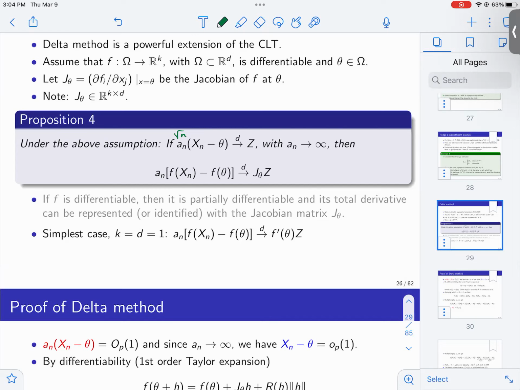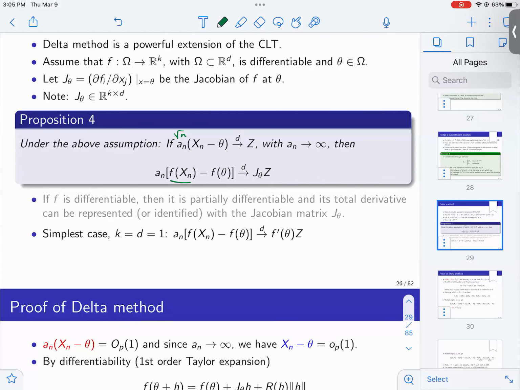The limit Z could be anything as well. Now I apply a function to this. It's like the setting of the continuous mapping theorem, but here we're going to assume that f is differentiable, and I say something about the limit of this.